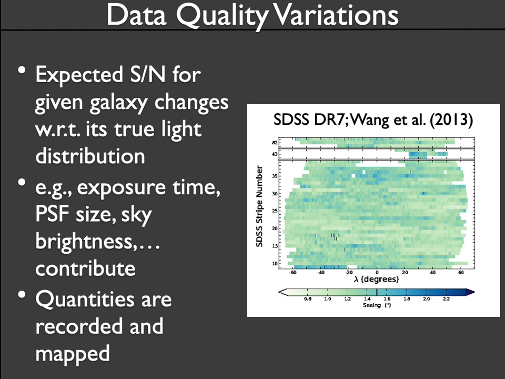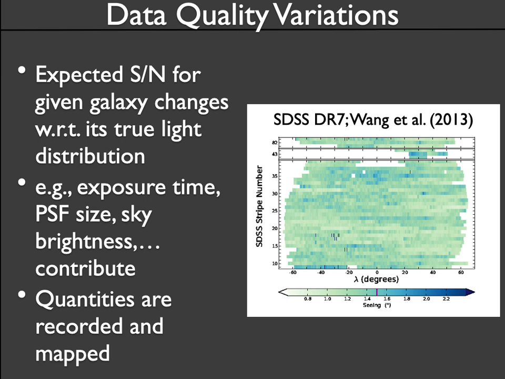One example is the size of the PSF. Depending on how extended a source you're trying to measure the photometry for, the PSF size will affect your ability to measure that differently. So the details do actually matter.